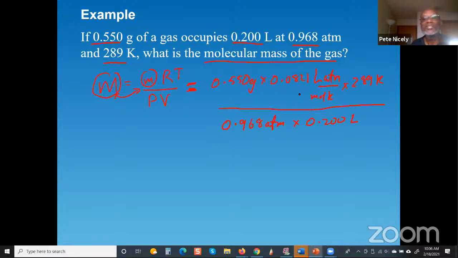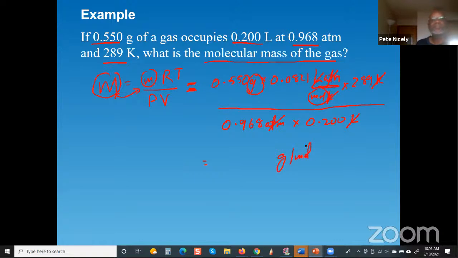And here is how the units will cancel out. The atmospheres will cancel out with the atmospheres here. The Kelvin will cancel out with the Kelvin. The liters will cancel out with these liters. So the only units remaining would be grams divided by moles, which would be, of course, the units of molar mass, grams per mole.